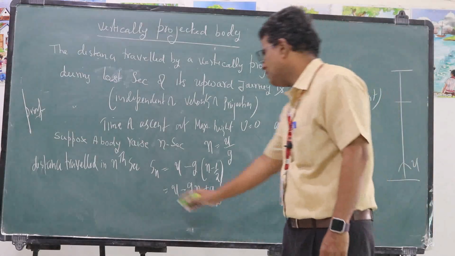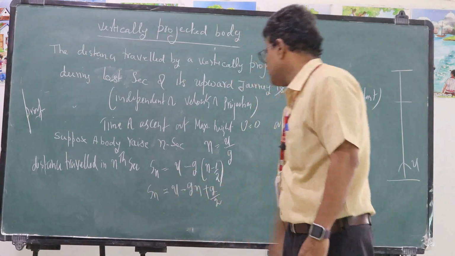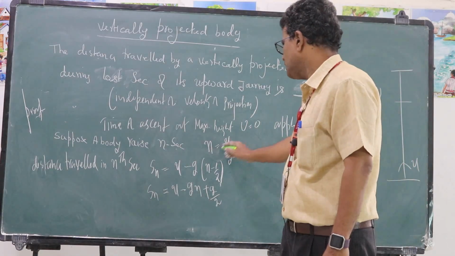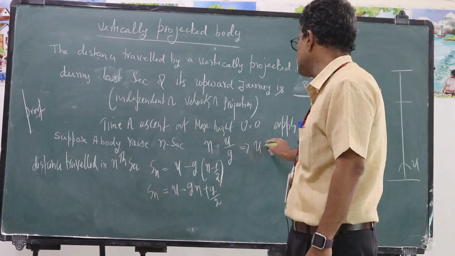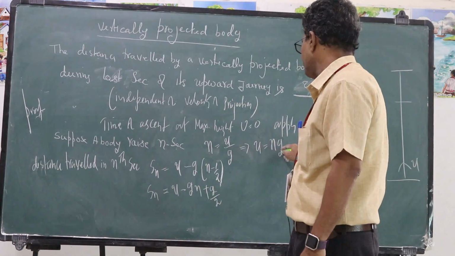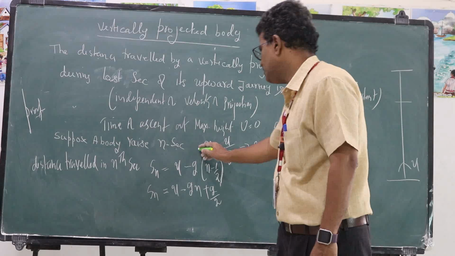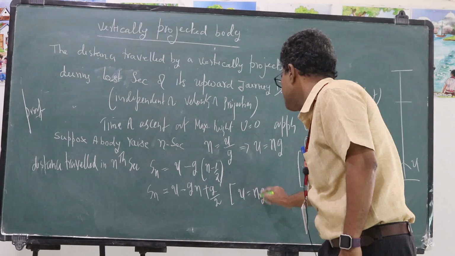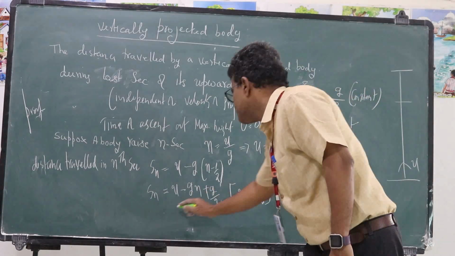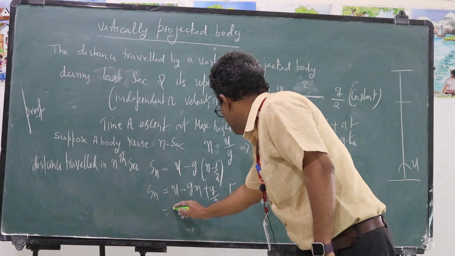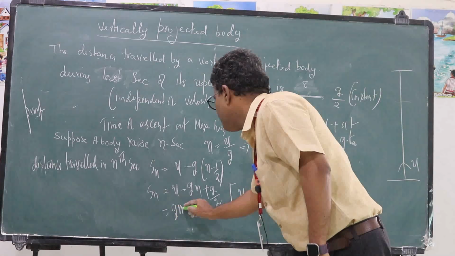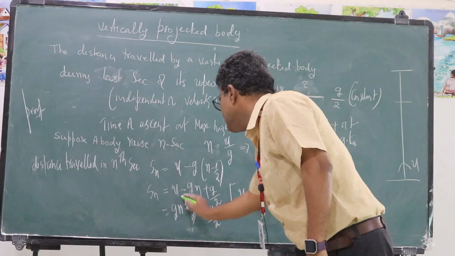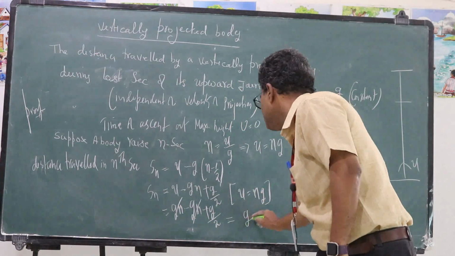But n is equal to u by g, so can I write from this expression u is equal to ng? Instead of u I am writing ng from equation 1: gn minus gn plus g by 2. So minus gn plus gn get cancelled, and you will get g by 2.